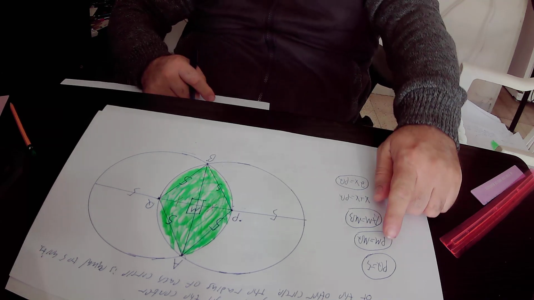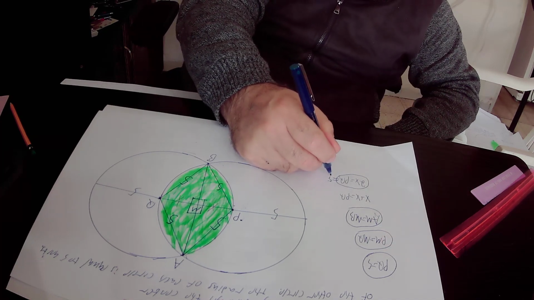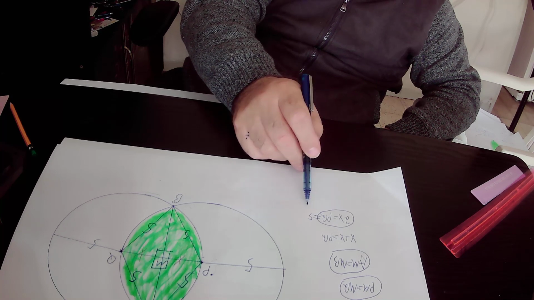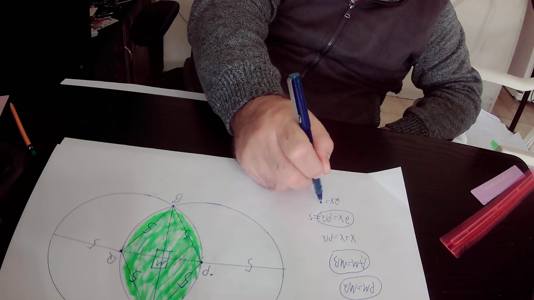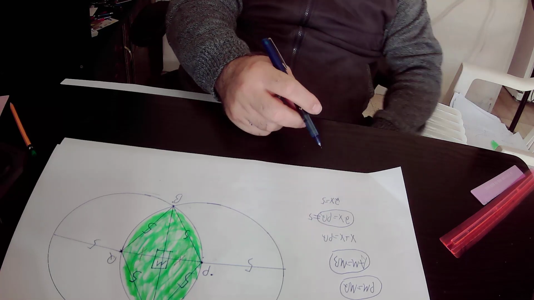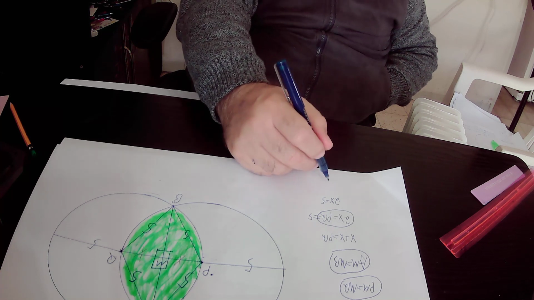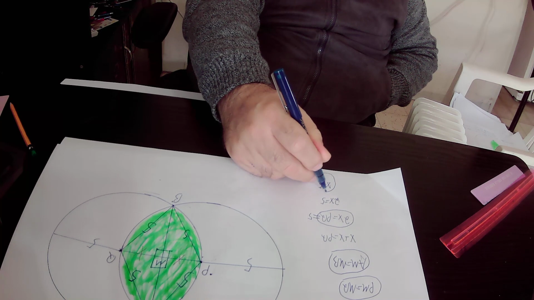But we already found out that PQ equals 5 units, so we can write here that PQ equals 5. So from this equation we will derive that 2x equals 5. Here we will divide this equation by 2 and we will get that x equals 5 over 2 units.